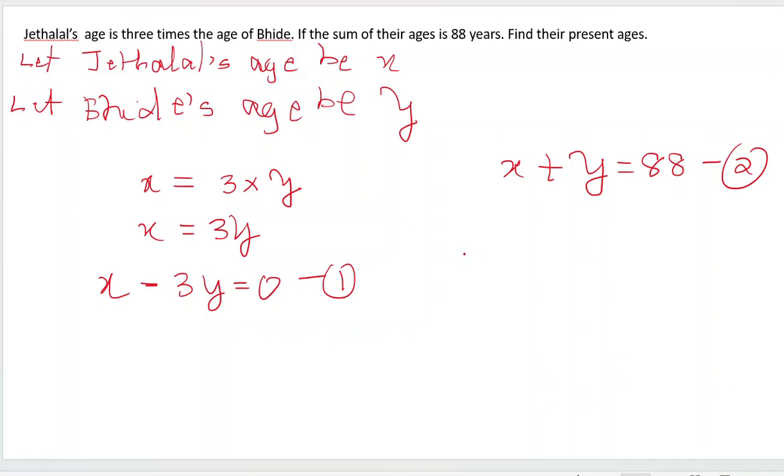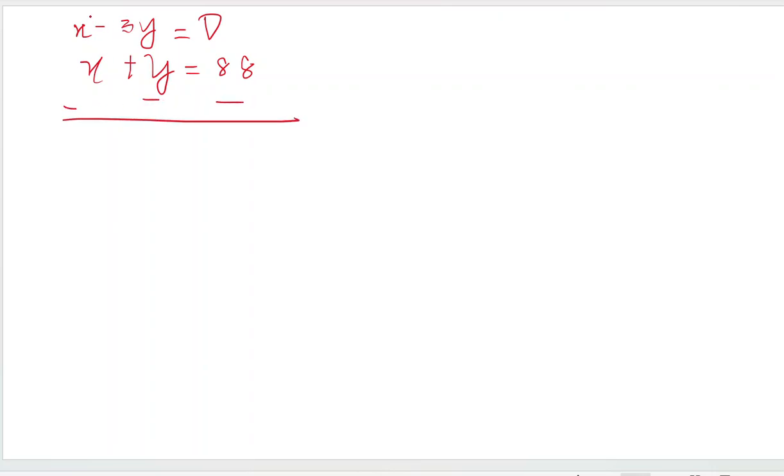Now we solve both equations using the elimination method. We have X minus 3y equal to 0 and X plus y equal to 88. Since the coefficients of X are equal, we directly draw a line and change the sign. X and minus X get cancelled, and we have minus 3y and minus y, so we get minus 4y.